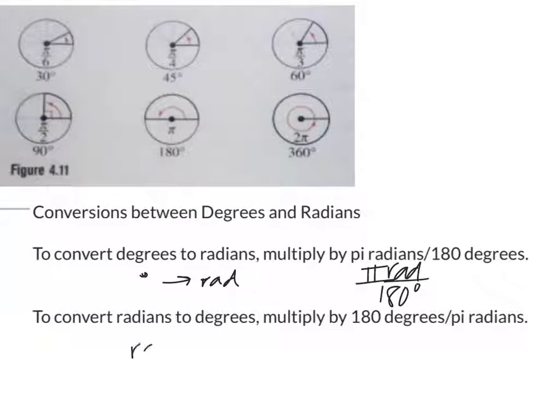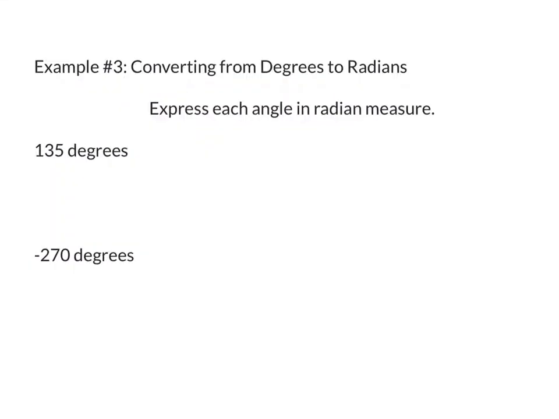If you're trying to go from radians to degrees, then you multiply by 180 degrees over pi radians. You never actually need to memorize which is which. The only thing you have to understand is how to cancel fractions. So let's take a look at that.